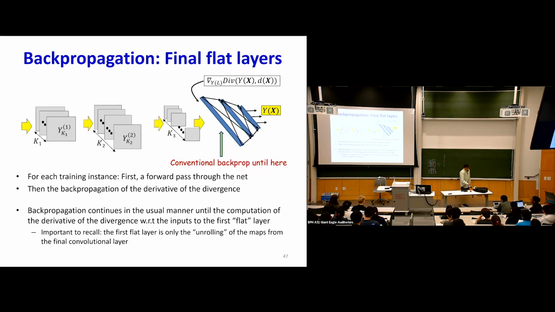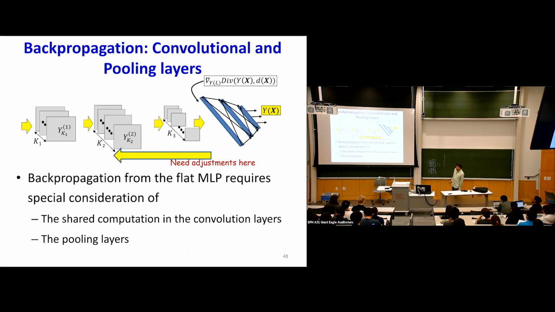So using the standard backpropagation paradigm, we now know how to compute the derivatives with respect to the outputs of all of the elements of all of the output maps of the final layer of these convolutional layers. And now, from there, we have to continue propagating the derivatives backwards, and that's where we need to make our adjustments.